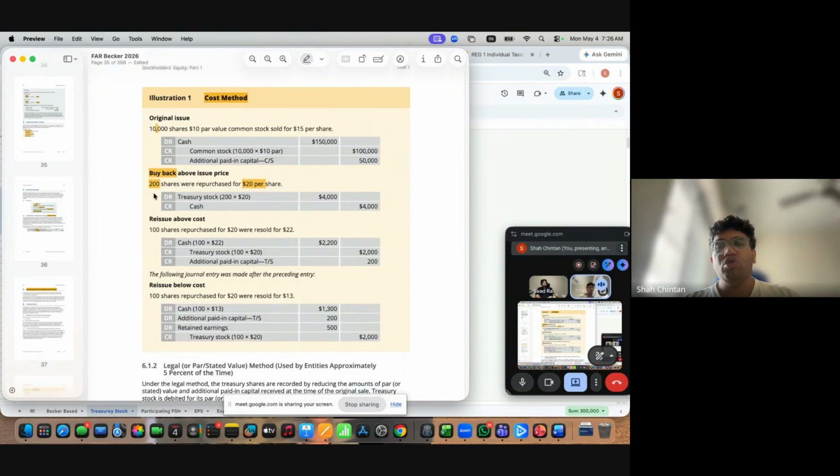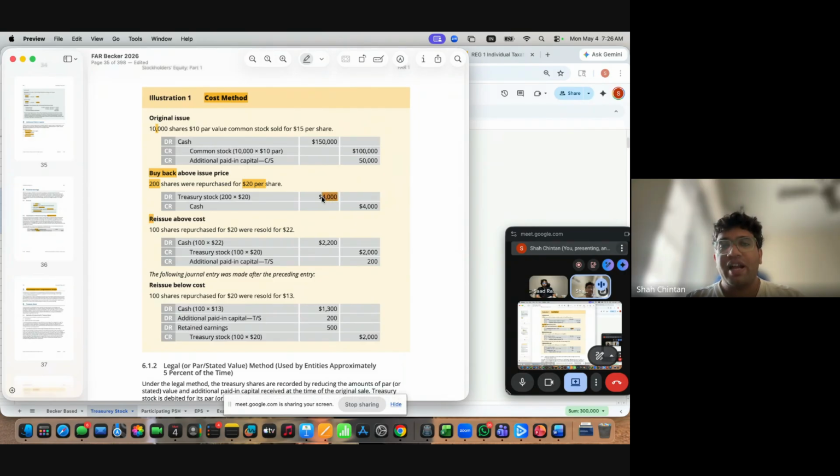So when you took back 200 shares, what is the cost you incurred? As a company, you incurred a cost of $4,000. How? 200 shares, to every shareholder you paid $20, so you have incurred $4,000 of cost. So your entry is now treasury stock account debited, to cash $4,000.